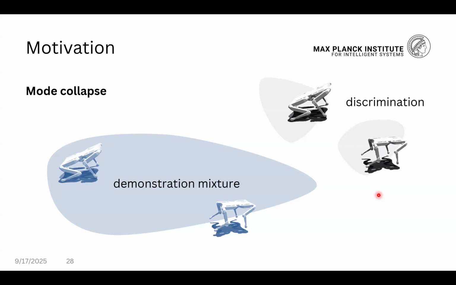But imagine now you have a cat, and you want to record motion from a cat. You're not able to tell the cat to walk only, or jump only, or do a specific motion only. What you can do is record a long sequence of motion, and then after that you inspect what the motion is. Then you can segment it into different categories of motions. So what you get here is a kind of demonstration mixture.